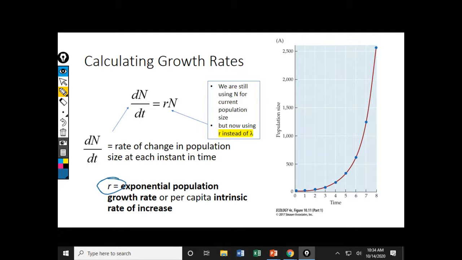Like I said, there's a little bit more calculus involved in how they figured it out and how it's applied, because we're worried about our final result being the rate of change for a population at a single instant in time. But we're still starting with the current population, how many humans are in the world right now. We're going to use the rate of change, R, instead of lambda.